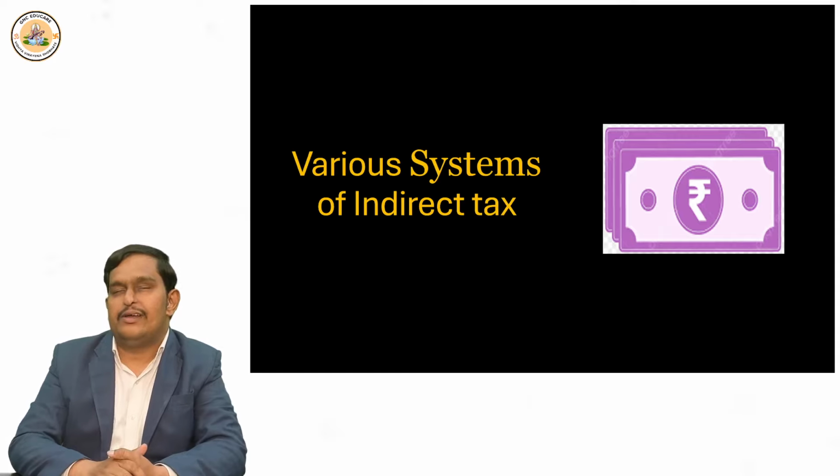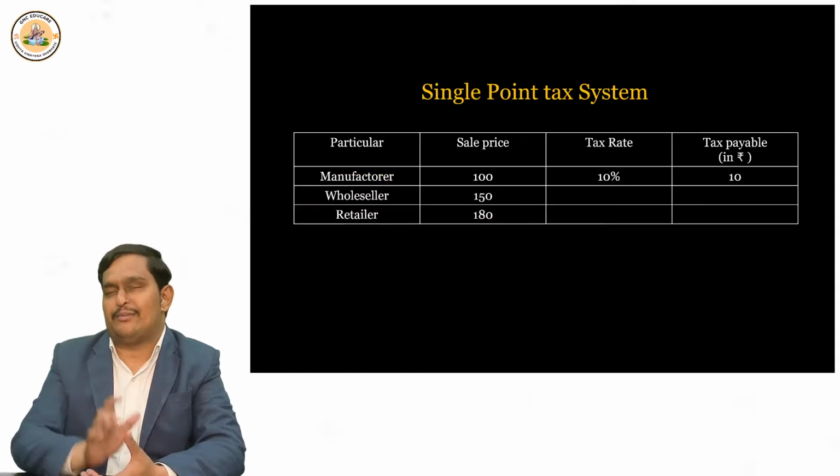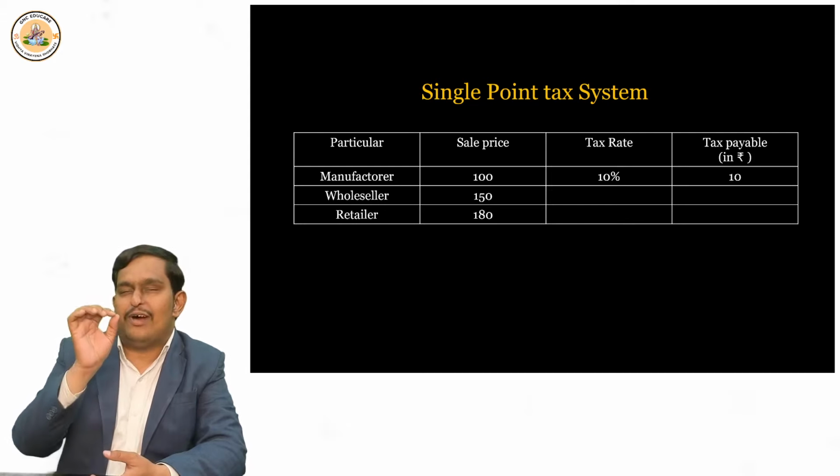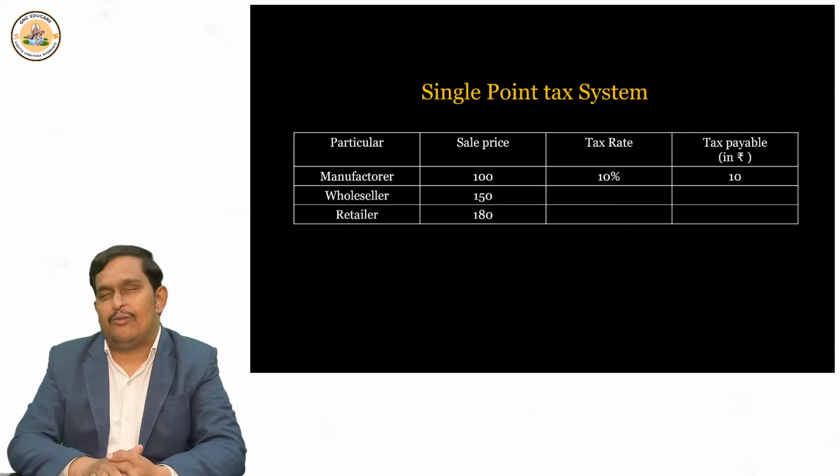The first system is the single point tax system. What does this system say? That you have to levy indirect tax only at one point. For example, I made it very simple, without going into technicalities, just to make you understand.